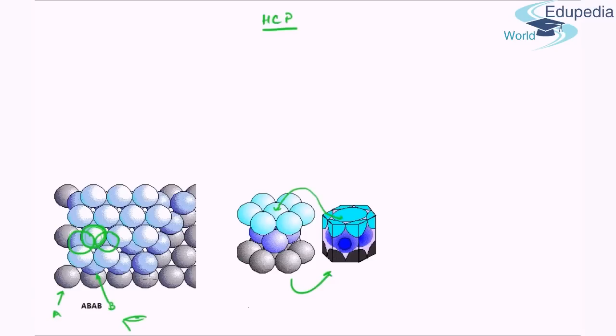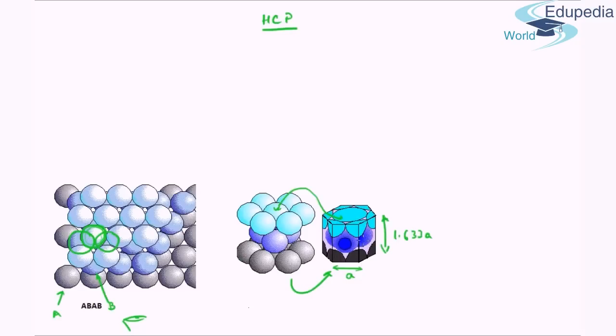Okay, now interesting idea is that if this is A, then this height can be calculated as 1.633 A. Fine. Some of the examples of hexagonal packing, one of the most prominent is magnesium. Then we have others like cadmium, zinc, and zirconium. Such elements belong to the hexagonal packing.